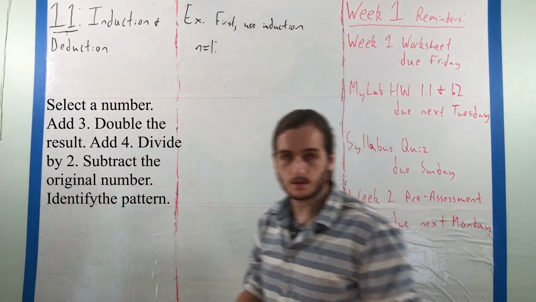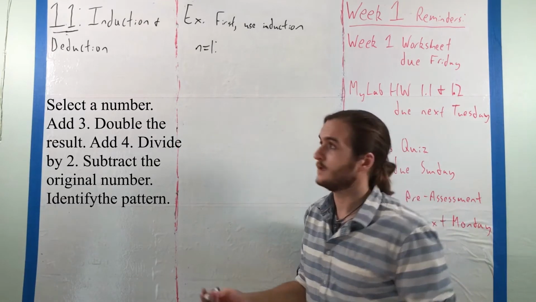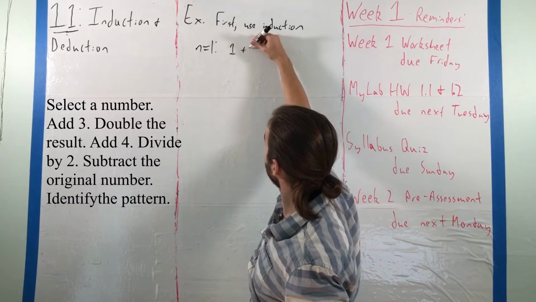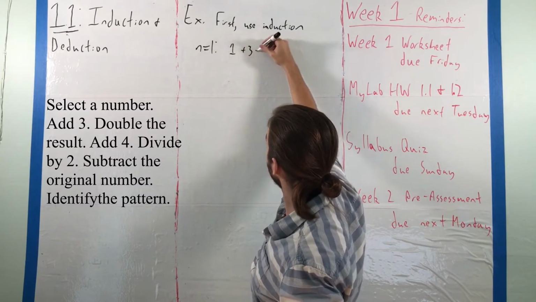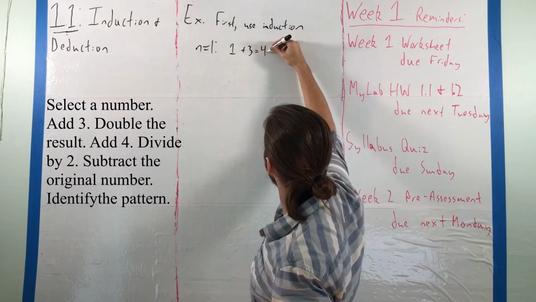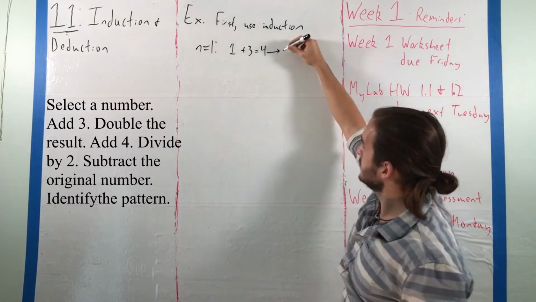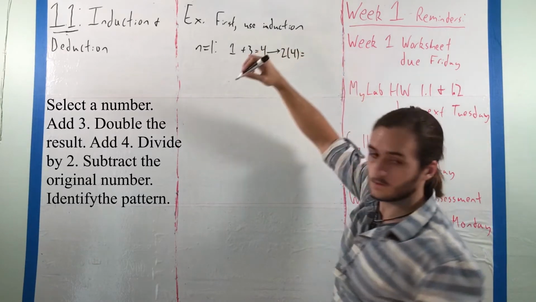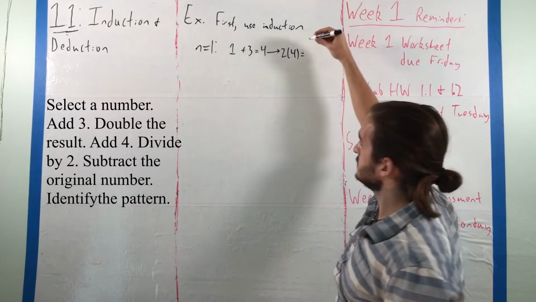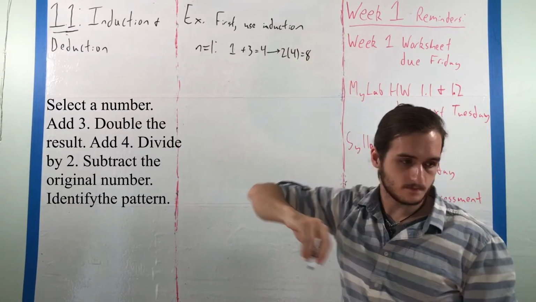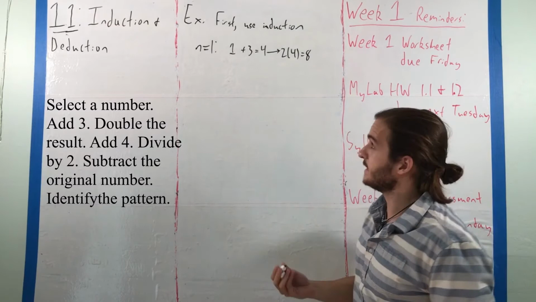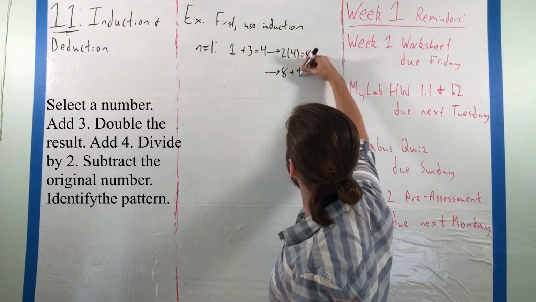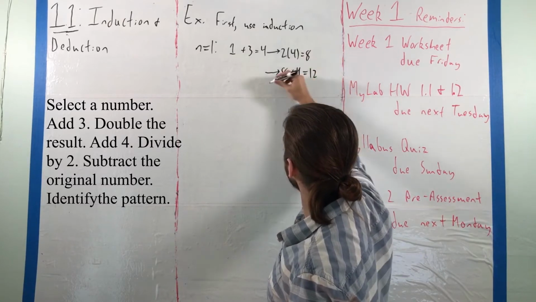So remember what our pattern is. We take this value, n equals 1. So we have 1, then add 3, get 4. Then at the next step, you double that. So 2 times 4 would give us 8. Then we add 4 to this. Get 8 plus 4 equals 12.